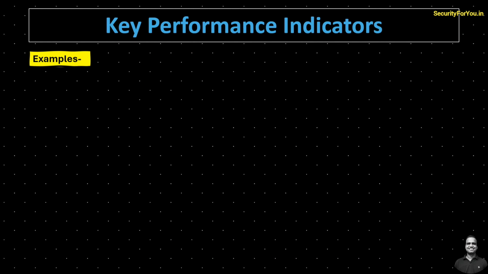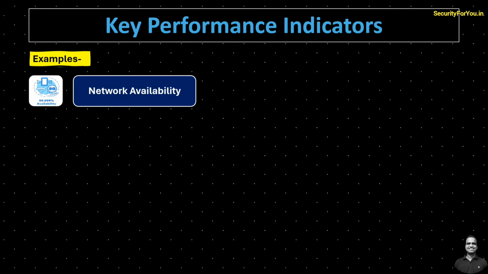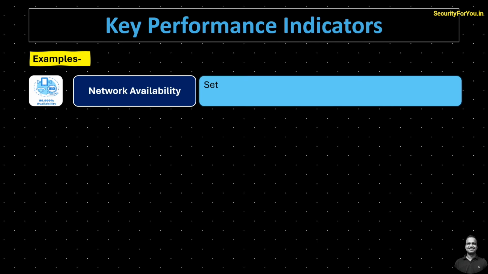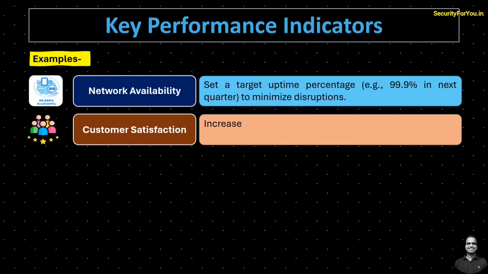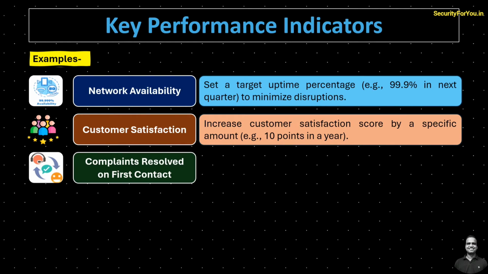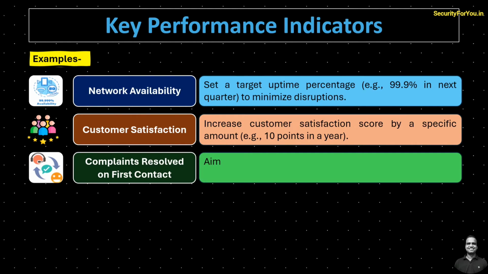Examples of potential KPIs include network availability, like setting a target uptime percentage of more than 99% in the next quarter to minimize disruption. Customer satisfaction: increase customer satisfaction score by a specific amount, 10 points, 10% in a year through targeted improvements. Complaints resolved on first contact: this can also be a potential KPI which you can set.